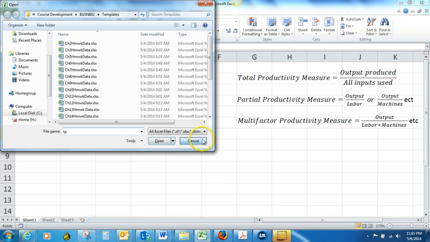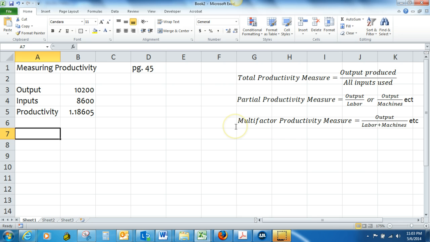Okay, so we want to put down our outputs. Our output is 346 pastries. So we put the number in one cell, and then you can put the items in the other. And our input is time.